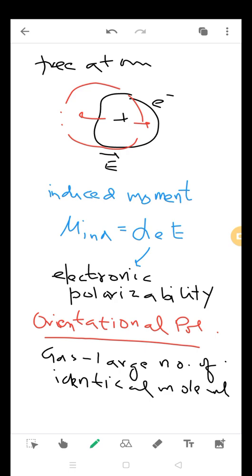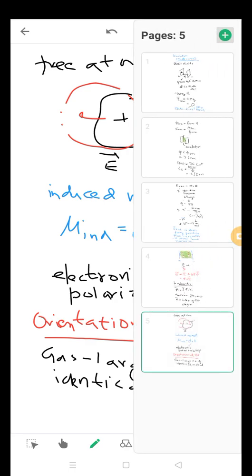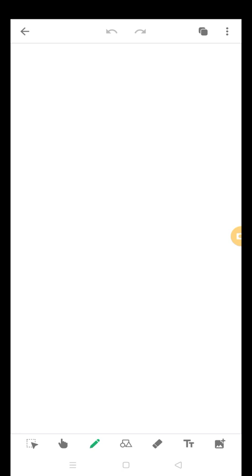And the external electric field actually exerts a torque, and it tends to align the dipoles in the direction of the field.